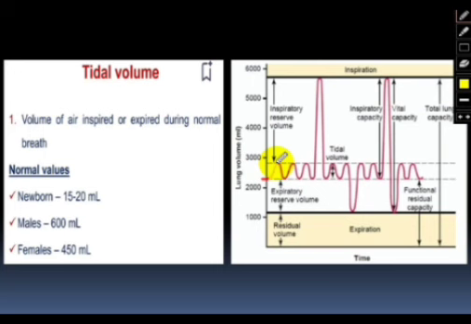When you inspire, the graph will move up, and then when you expire the air, it comes down. So inspiration, it moves up; expiration, it comes down. This happens during normal breathing. Are you getting me? So in this way, we will have what is known as the tidal volume.